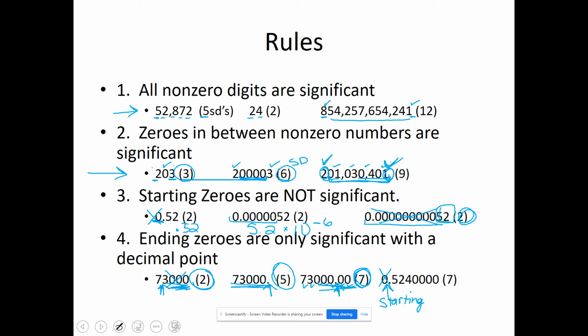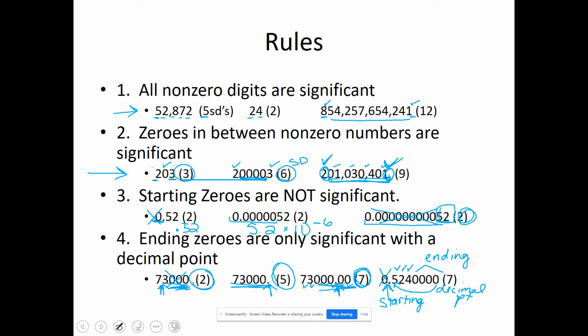Then these numbers count because they're not 0. The last 4, these are trailing or ending zeros. So you look at their ending, and there's a decimal point. I know you guys know that's a decimal point, but I'm just trying to make a point.